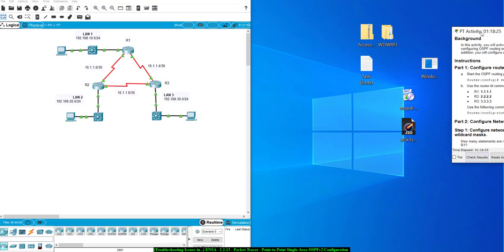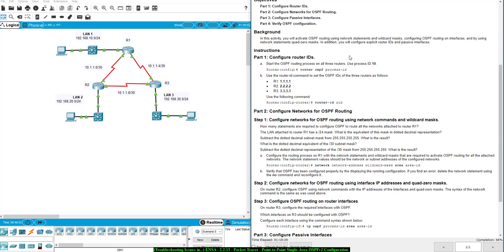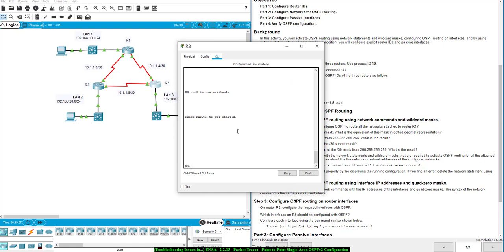All right, so let's get back to here. What I'm going to do first is actually show you, let's look at router 3. Router 3, do enable. All right, I want to do a show run. Now, if I go down through here, if you notice, all the interfaces, that one has IP address, ip ospf process ID 10, area 0, that's fine.